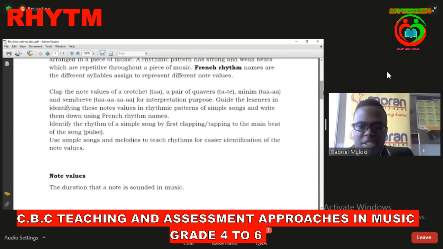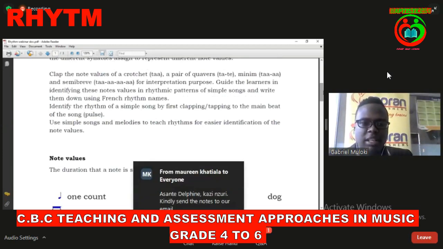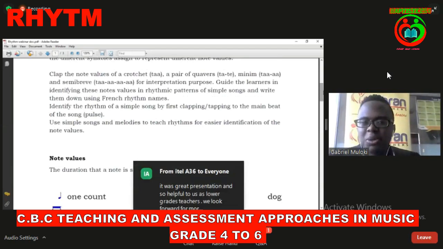This is the duration for which a note is sounded, so that we can have pa, pa, pa, pa, pa, pa, pa, ri, pa, pa. You see that? I've varied the duration of my rhythm so that we have a clear standard for how many counts each rhythm has, for how long we are holding the note.